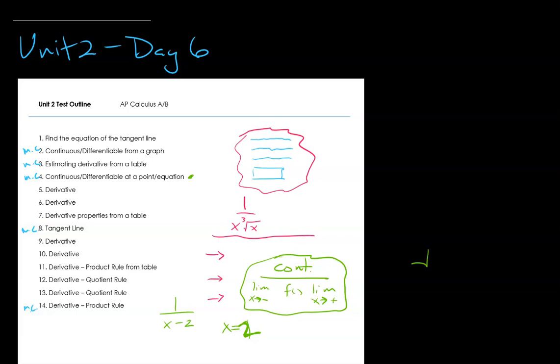To be differentiable, it has to be continuous at that point, or x value, whatever you want to call it. So it has to be continuous at that x value, and the limit of the derivative to the left and the limit of the derivative to the right have to be the same.